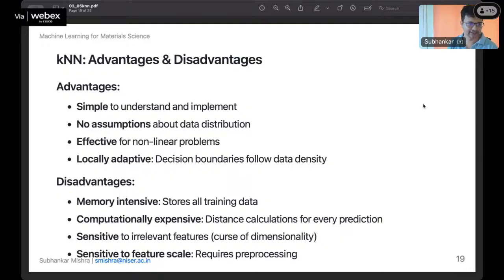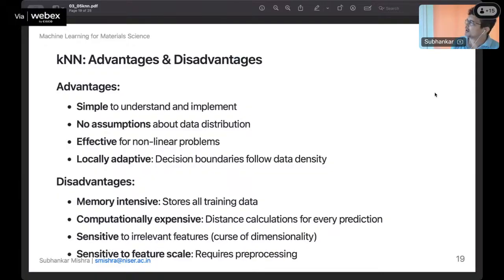We will see how the KNN decision boundaries come. It is also locally adaptive: at some places the decision boundary can be very far because the points are far from each other, and where points are very dense, like red points close to blue points, it will still try to divide them. That's why KNN is super in that way.